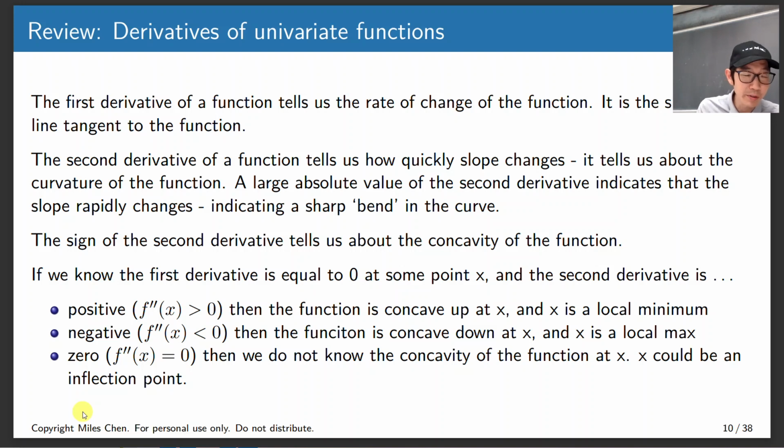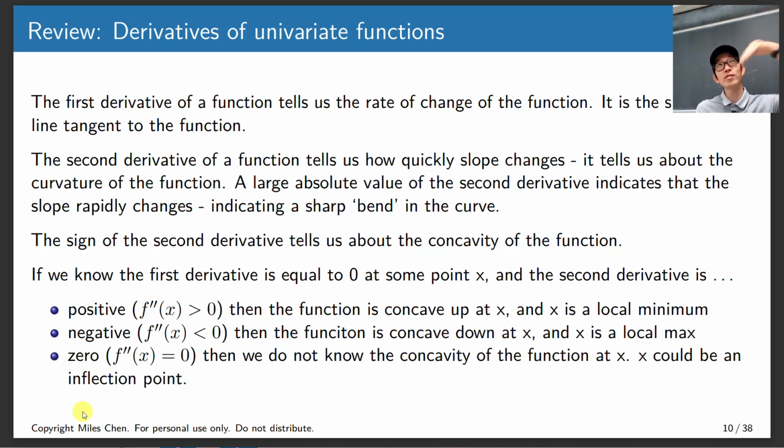The second derivative tells you about the rate of change of that slope, which to us is a measure of its curvature. If you have a large second derivative, it means your slope rapidly changes. It might go from a very steep positive slope to a very steep negative slope.